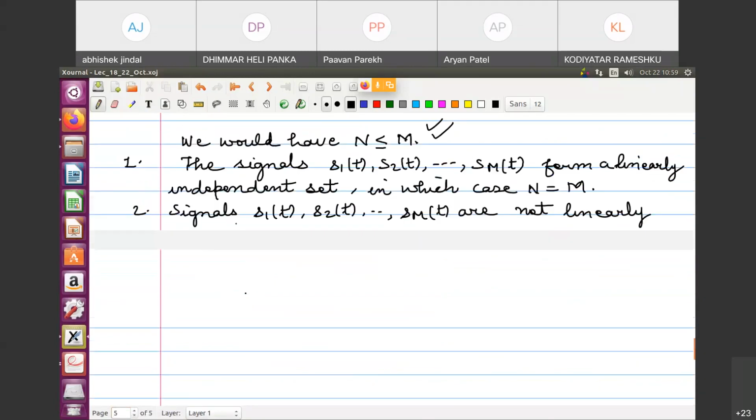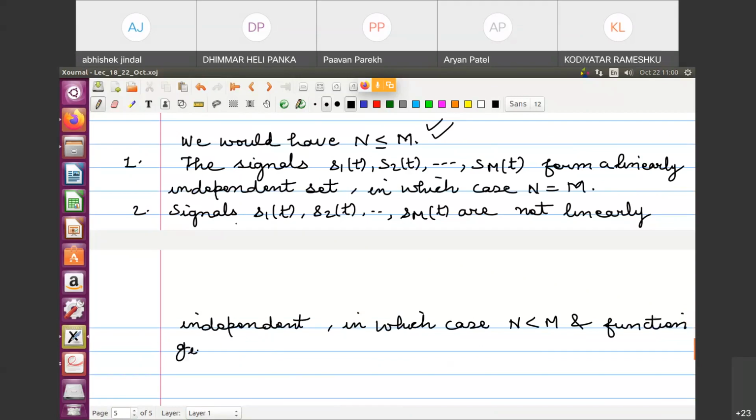In which case, these 2 points are very important, n is strictly less than m, and function Gi(t) is 0 for some i.